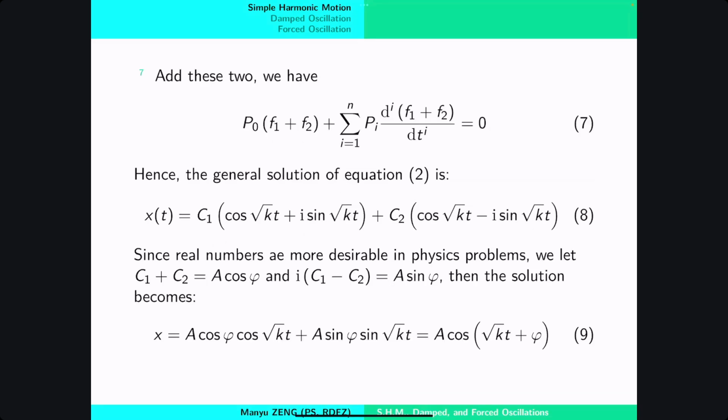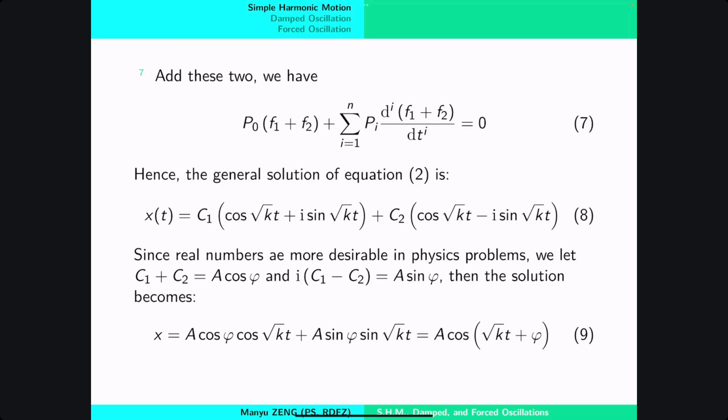So according to the trigonometric identity, well, actually I got something wrong here. The right-hand side is A cosine of (square root of k times t minus phi), right?